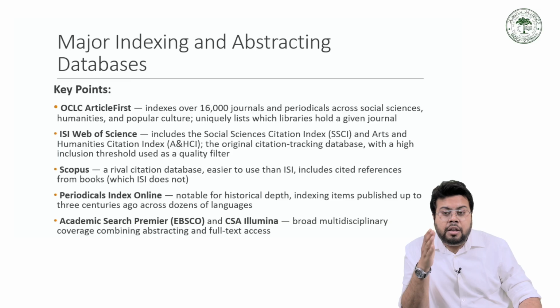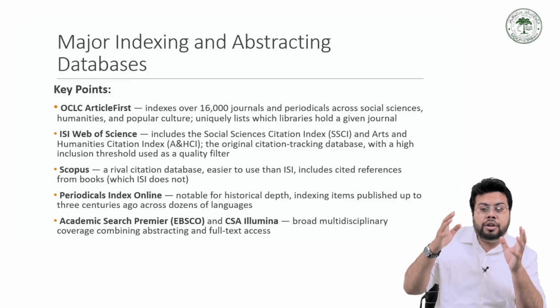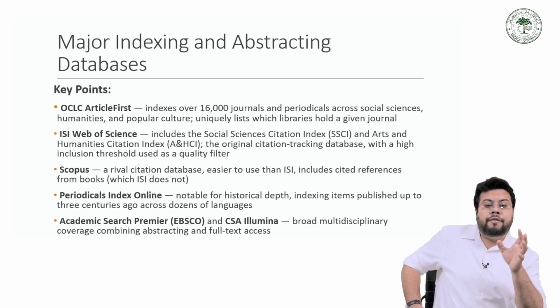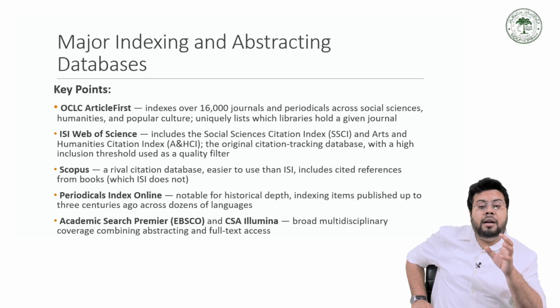So if you need to know whether a nearby library physically holds a journal, OCLC ArticleFirst has a feature for exactly that. If you're working on something with real historical depth, centuries-old material, the Periodical Index Online is built for that in a way that most modern databases aren't.